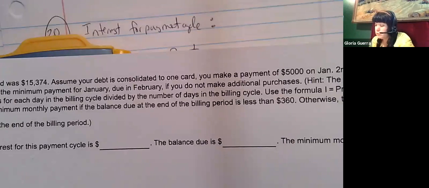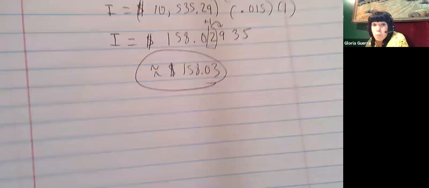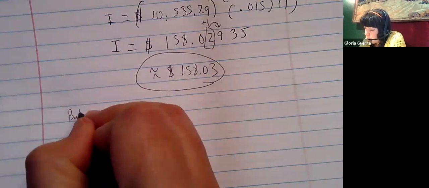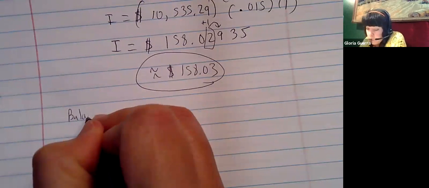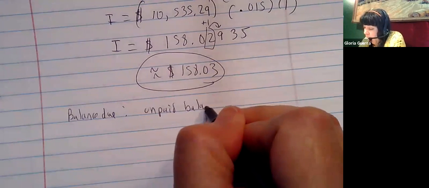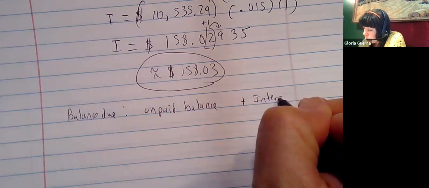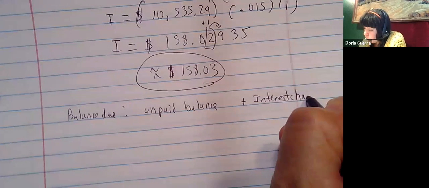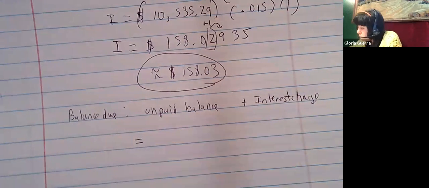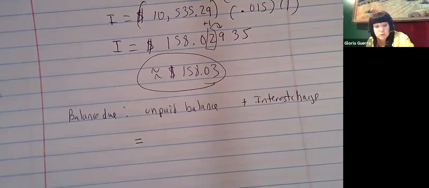Okay, so it's your unpaid balance, excuse me, plus your interest charge. So your unpaid balance was, where was that unpaid balance?